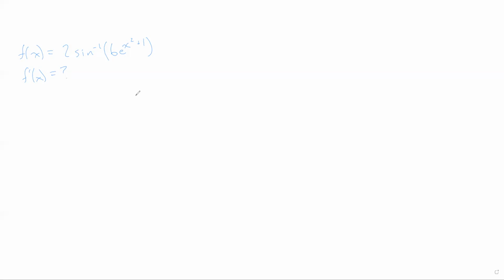Go ahead, Cameron. We have to split it into at least two separate functions. We could start with g of x being 2 sine inverse of x, and h of x being 6 e to the x squared plus 1.